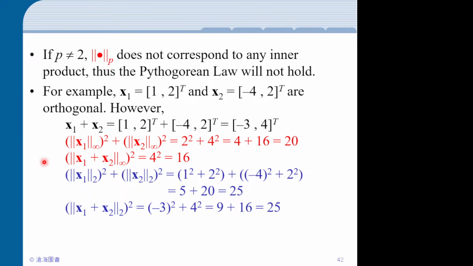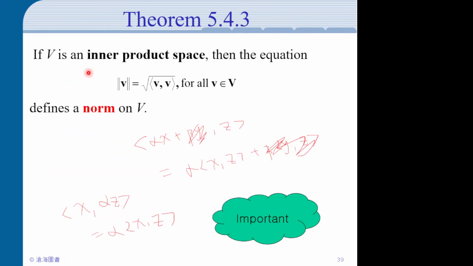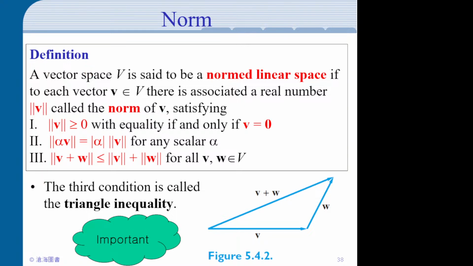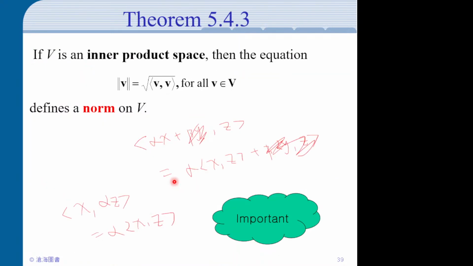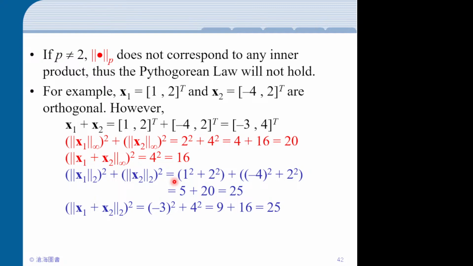And now back to the thing we talked about. A norm does not necessarily correspond to an inner product. The p norms only need to satisfy those 3 properties. The inner product structure is a stronger structure, and so for p not equal to 2, the norm doesn't correspond to an inner product, and they don't have the Pythagorean rule.